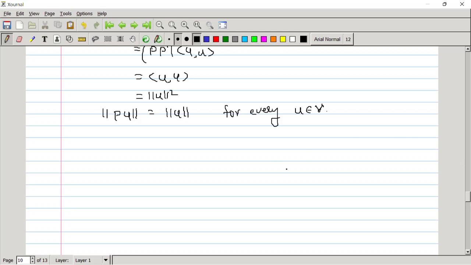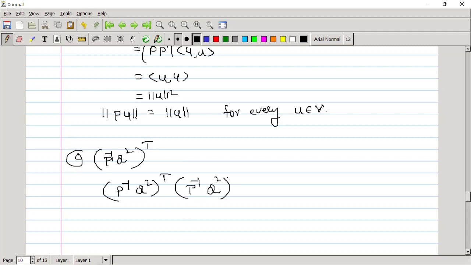To check this, we consider the matrix into its transpose, and its transpose whole transpose is the matrix itself.